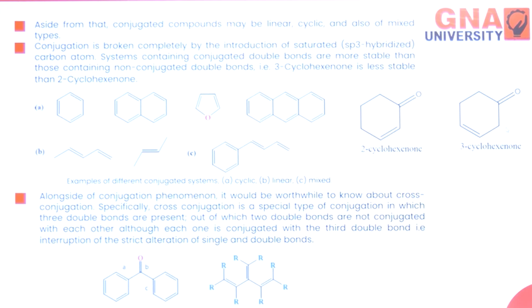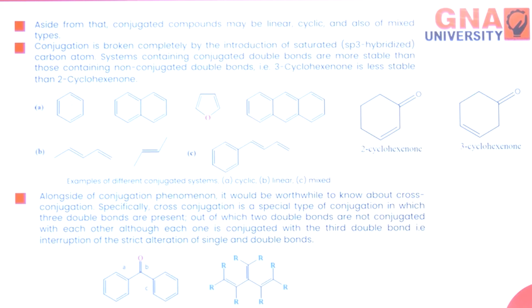Right? But in 3-cyclohexenone, we can see that these two bonds are separated from each other by two sigma bonds. So there is no possibility of conjugation or delocalization of pi electrons. That's why 3-cyclohexenone is less stable than 2-cyclohexenone.